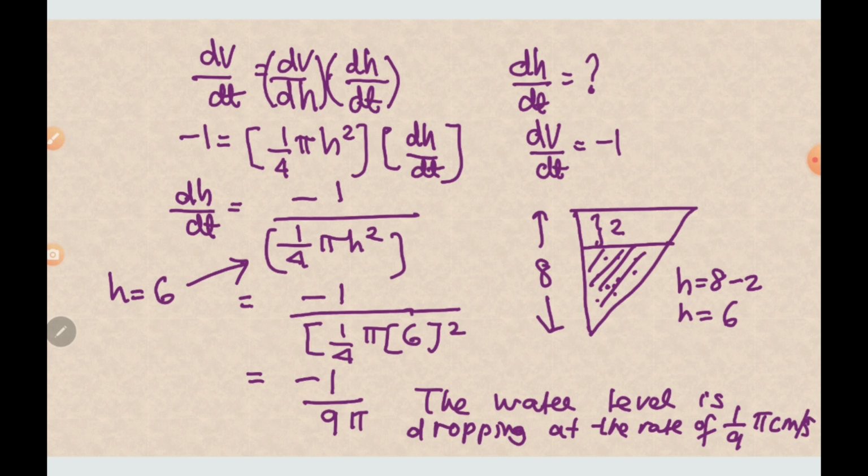Okay, so the unit is centimeter per second. I write the unit here, -1/9 pi centimeter per second. Okay, that's all.